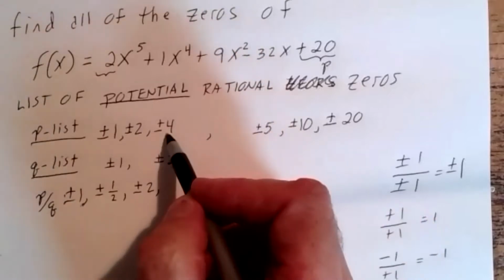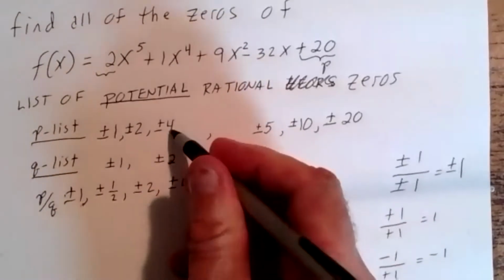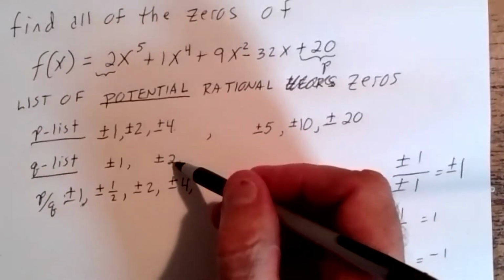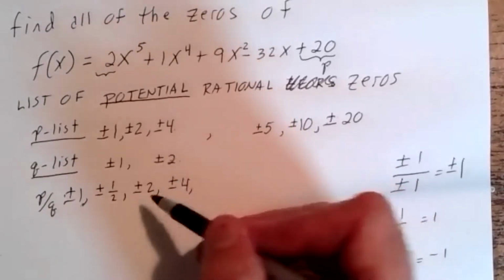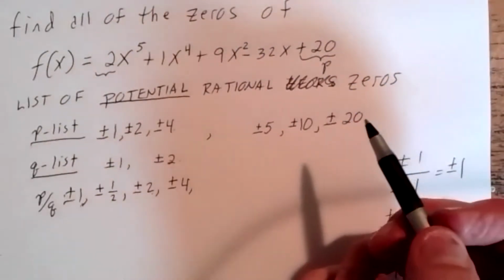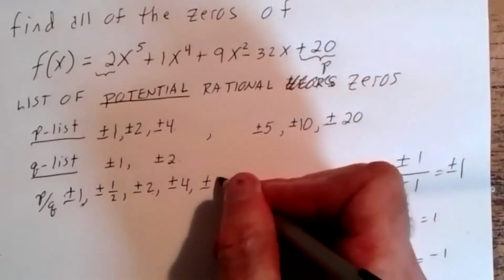And then you got positive negative 4 divided by positive negative 1, or positive negative 4 divided by positive negative 2, which is positive negative 2. We've already accounted for positive negative 2, so you don't have to list that again. Move onward. Positive negative 5 divided by positive negative 1.